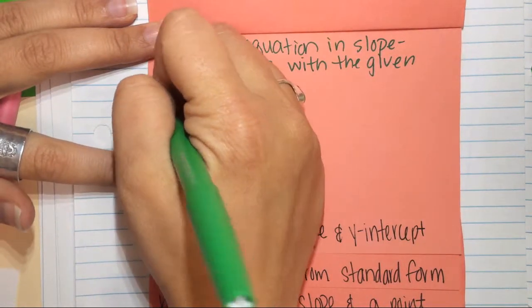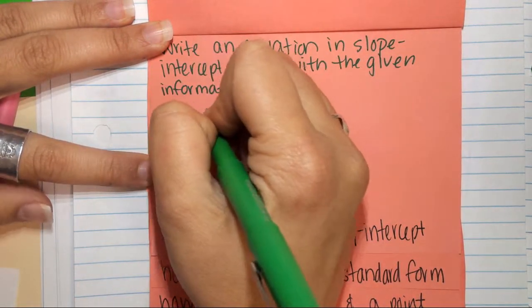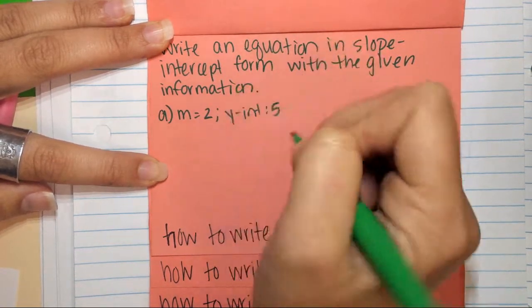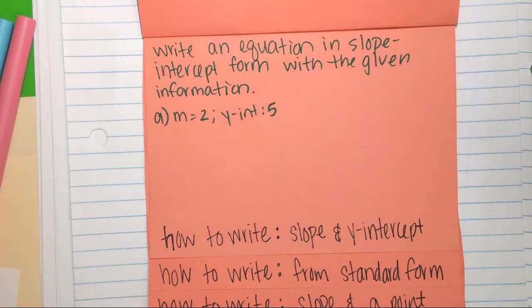So, if I say that m equals 2 and our y-intercept is 5. Is everybody with me?